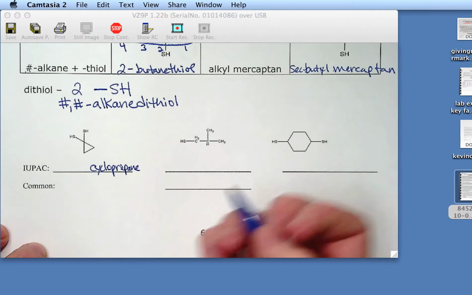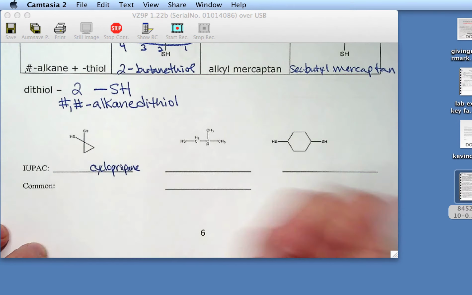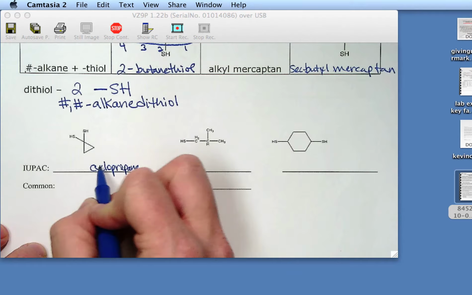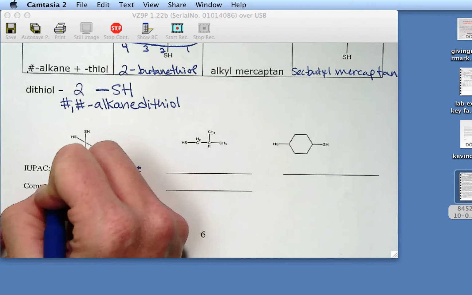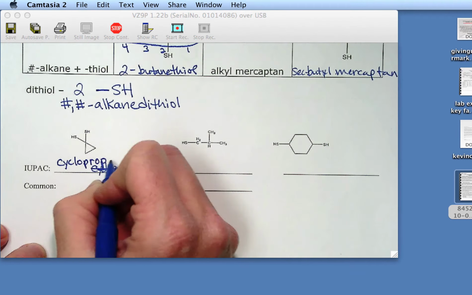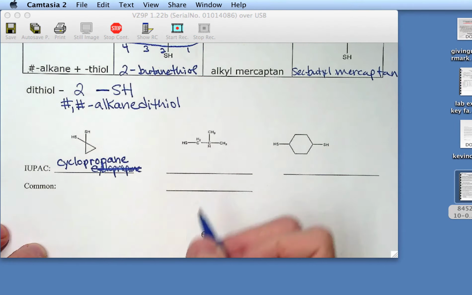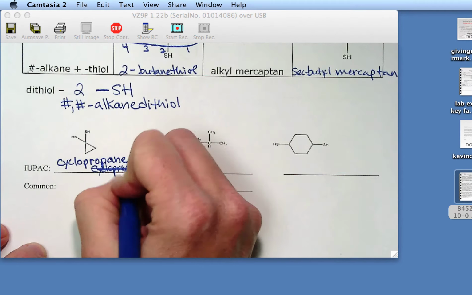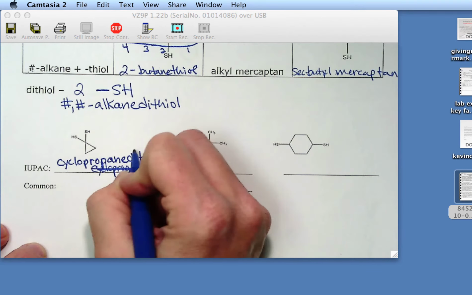And I did not give myself enough space. I should have shifted it over this way. Cyclopropane. You still have to, the number 1 is good. Cyclopropane dithiol.